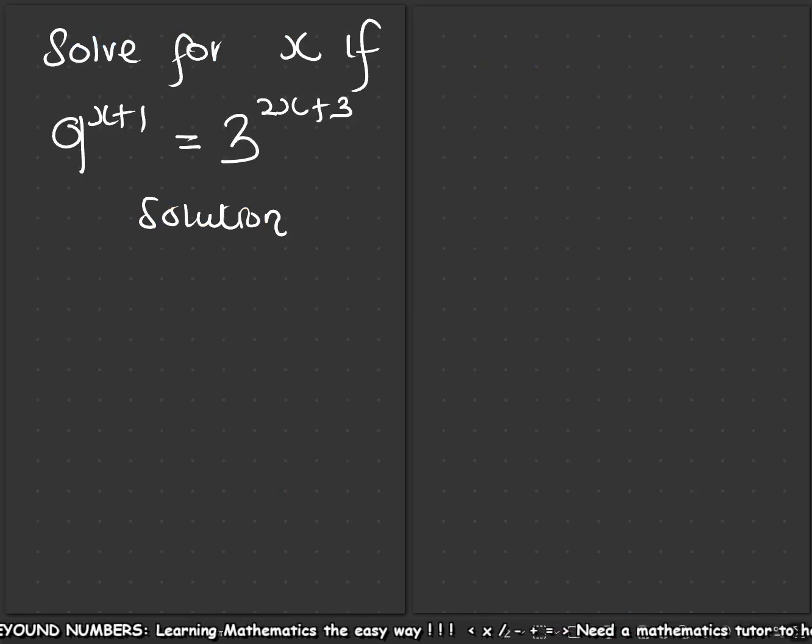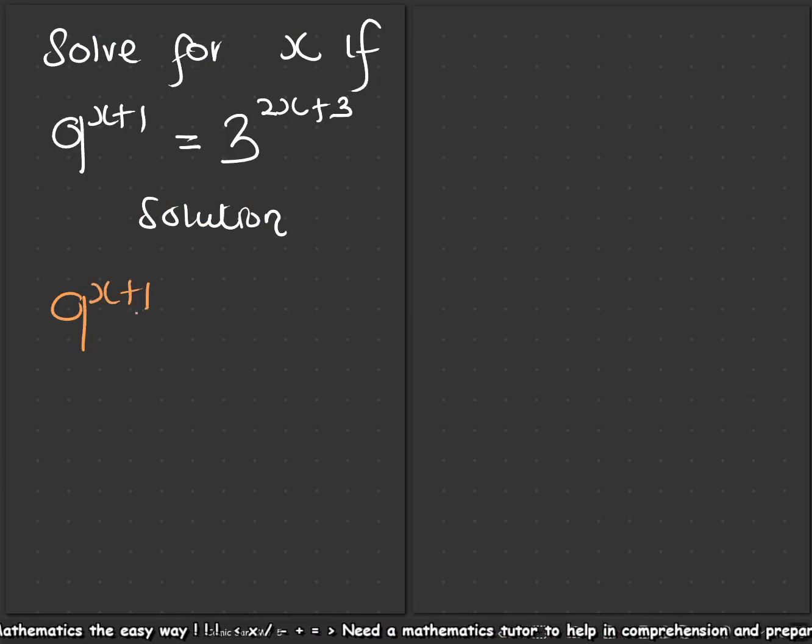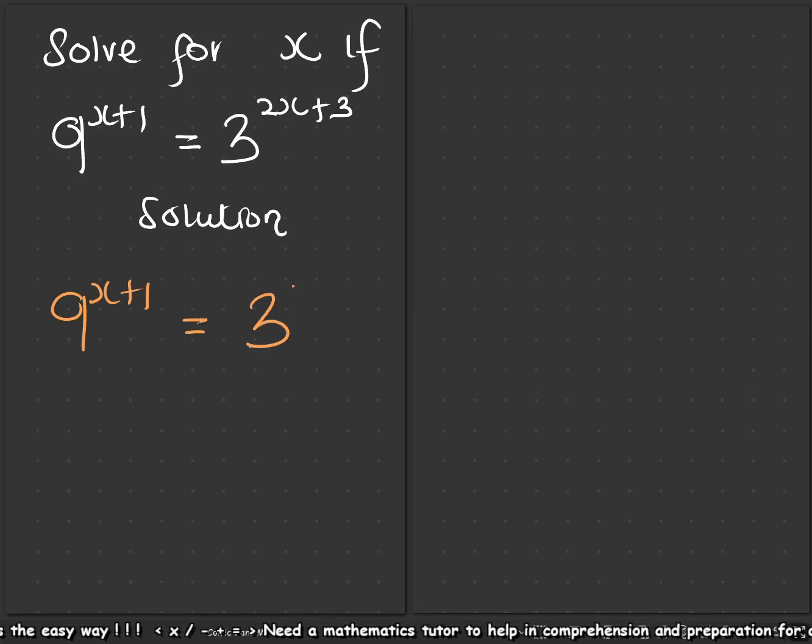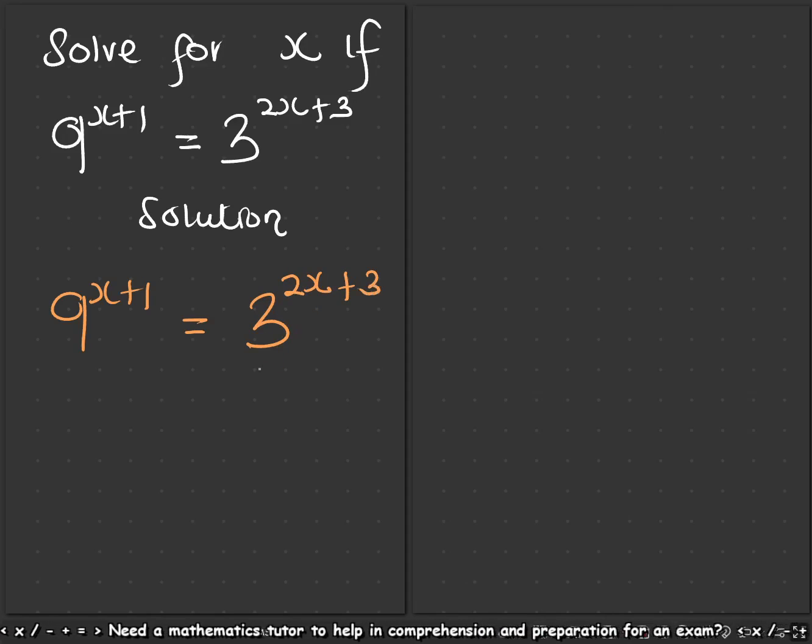So looking at what we have here, the question says 9 to the power x plus 1 is equal to 3 to the power 2x plus 3. So we ask ourselves, is there a number we can express both 9 and 3 in? And that is 3.